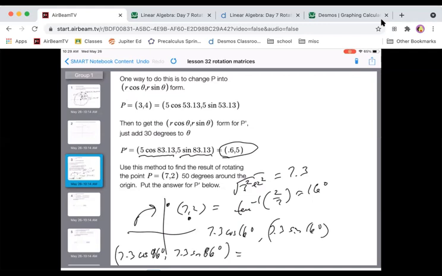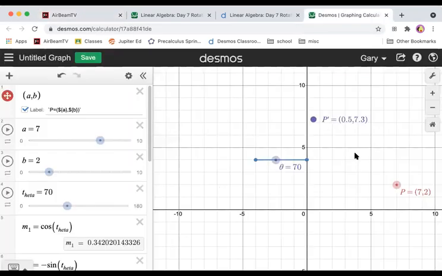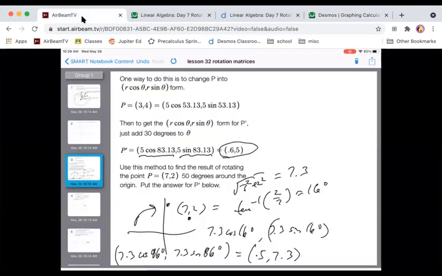And when you run that through the calculator, you get about (0.5, 7.3). If you go over to this thing where you can move the points around, look what happens. If I move the point to (7, 2) and I move the angle up to 70, you see (0.5, 7.3).